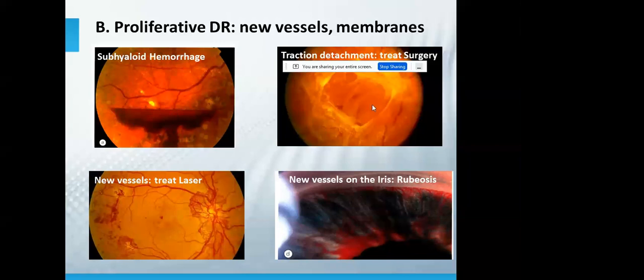Next is tractional detachment, membranes. You can see membranes on the top right picture. The close-up of someone's pupil and iris, you can see this red. This is called rubeosis iridis, okay? Neovascularization of the iris. And these patients come to you with a very painful blind eye.